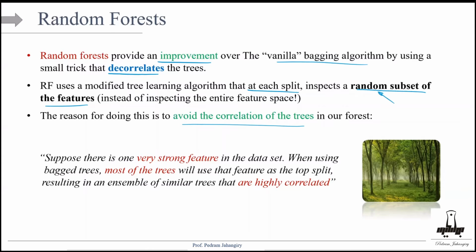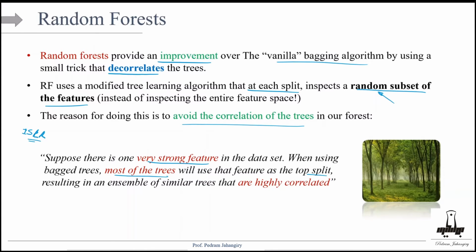And think about it. This is a quote from Introduction to Statistical Learning in R, our main textbook for the course. It says that suppose there is one very strong feature in the data set. When using bagged trees, most of the trees will use the same feature as the top split, right?